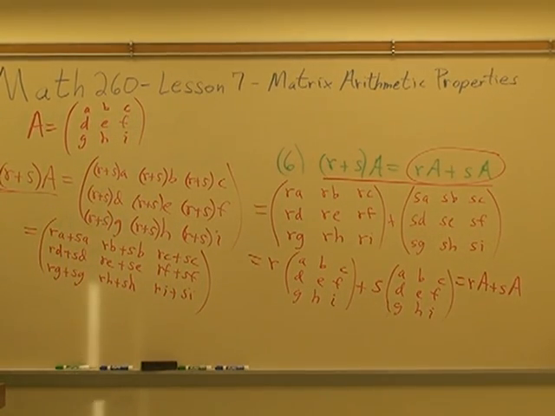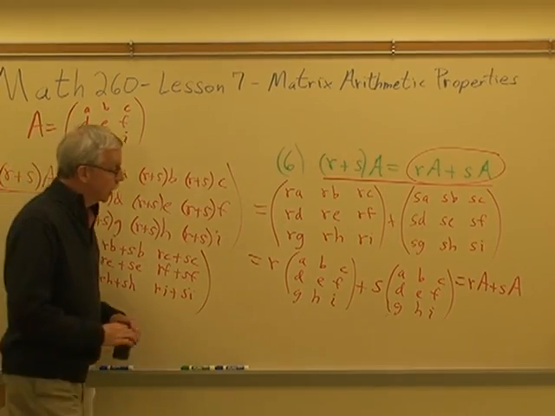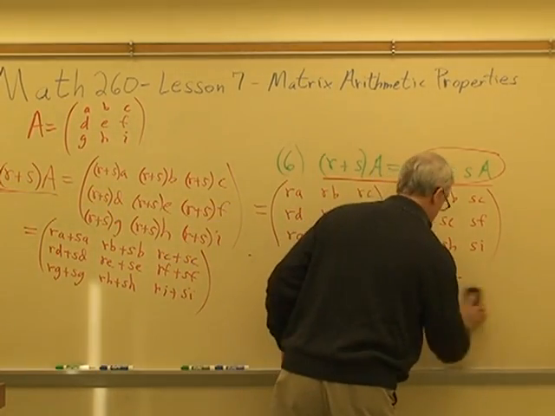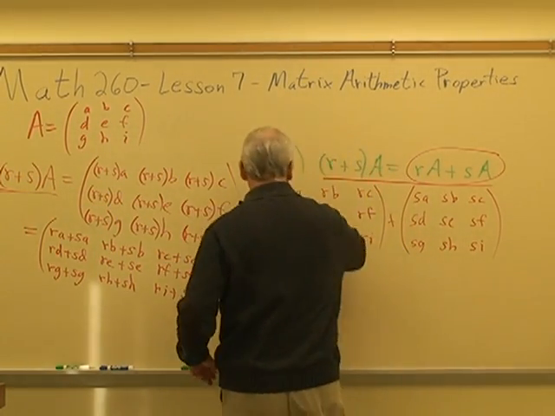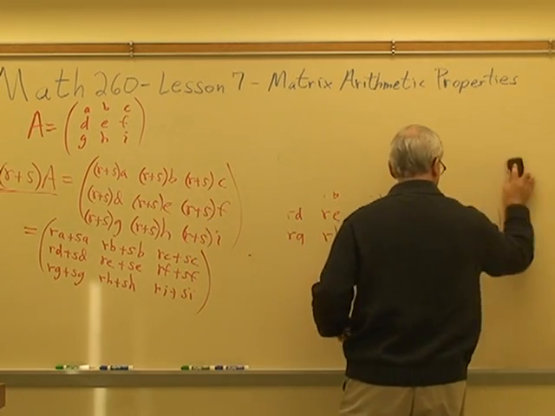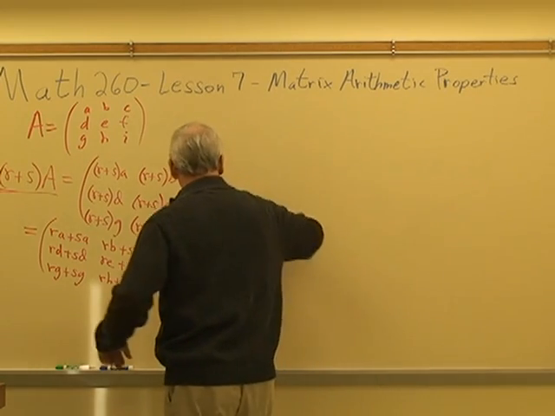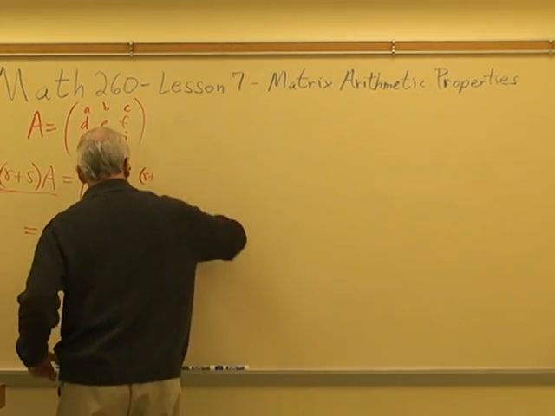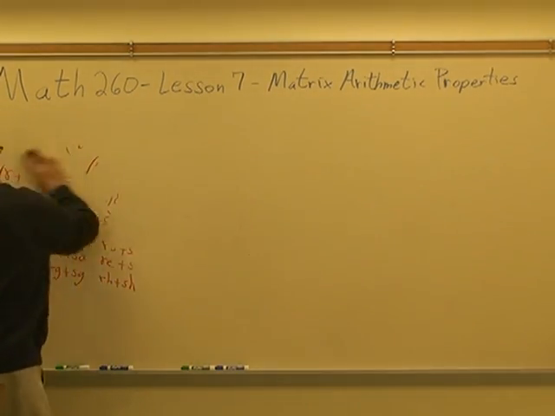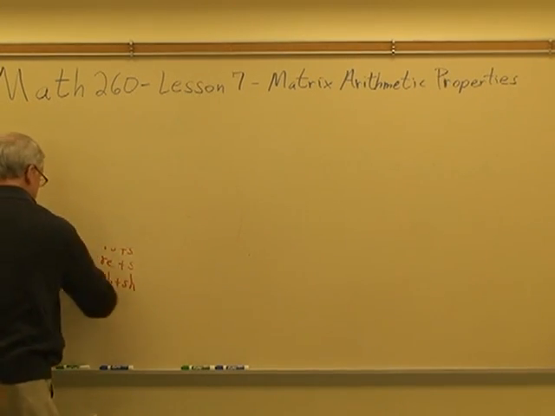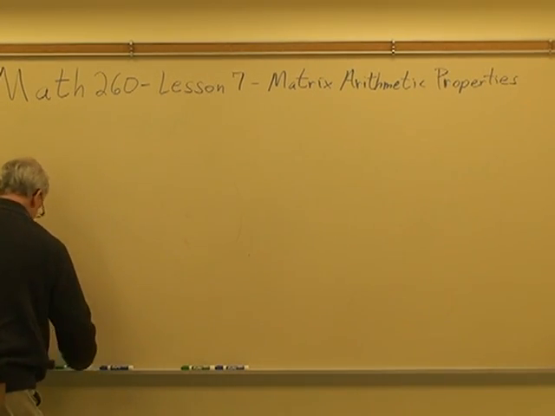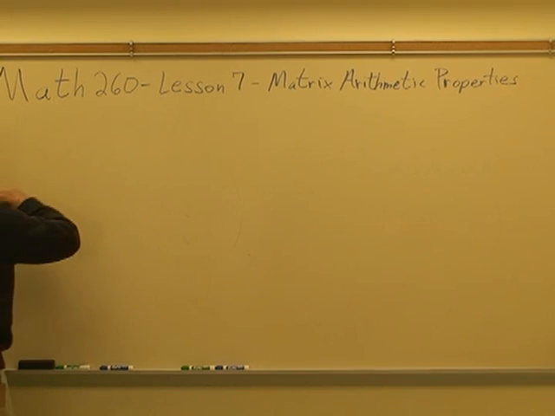Let's use one of them. 15, 14. Why do we care about these properties?